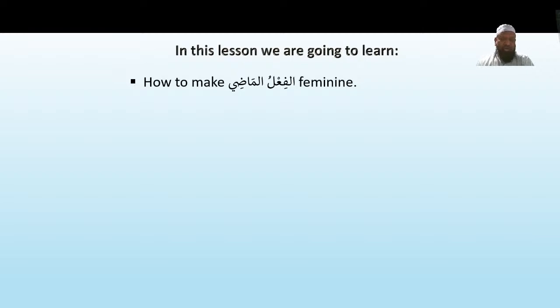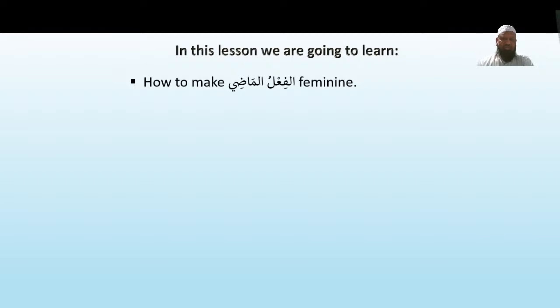We started learning al-jumlatul fi'liyatu, and we have learned there are three types of fi'l. Number one, al-fi'l al-madi. Number two, al-fi'l al-mudari'. Number three, fi'l al-amr. We started with al-fi'l al-madi to make a jumla fi'liya.